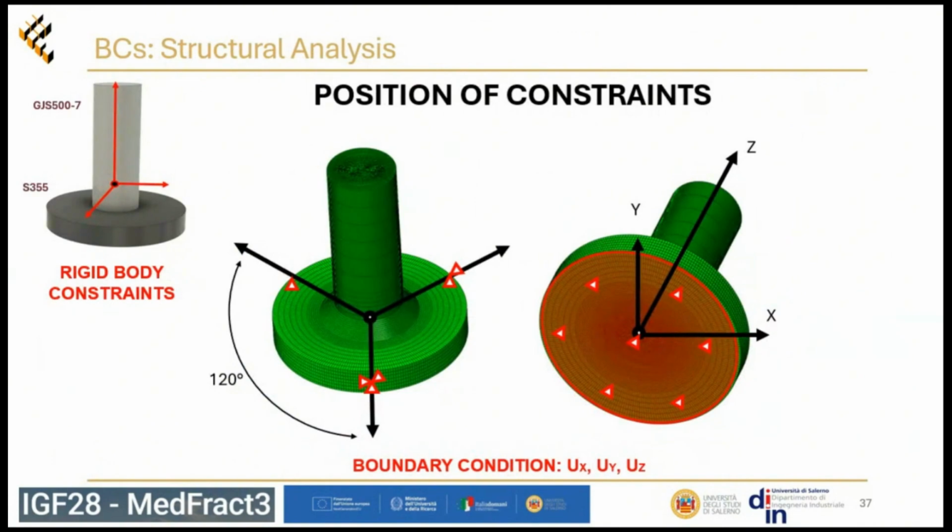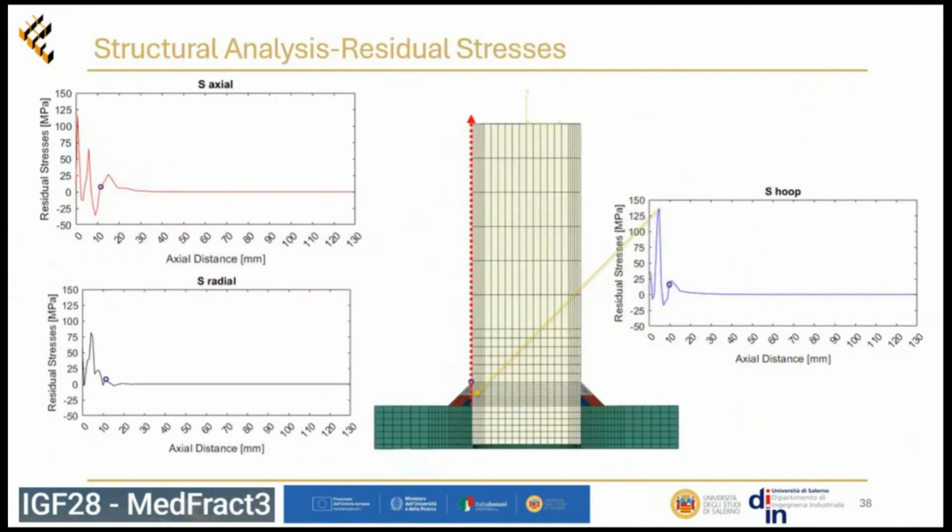As boundary condition for structural analysis in this case, we used only the rigid body constraint. And for the result of the structural analysis on the fillet weld, as we can see in this slide, we evaluated the axial stress, the radial stress, and the hoop stress in a cylindrical reference system with the axis corresponding to the axis of the tube.